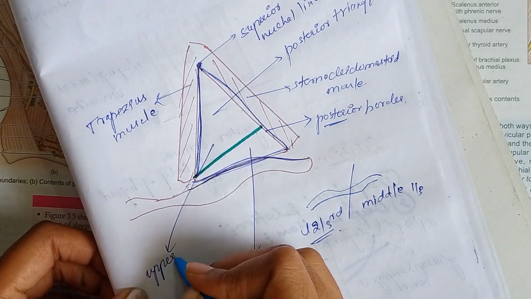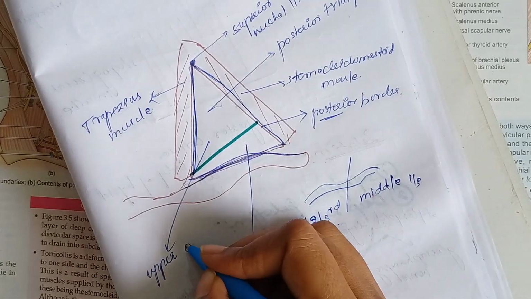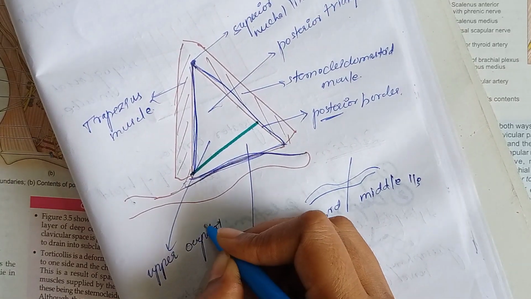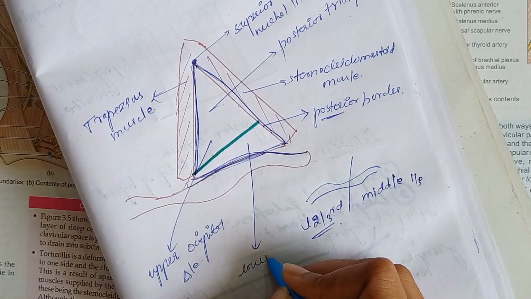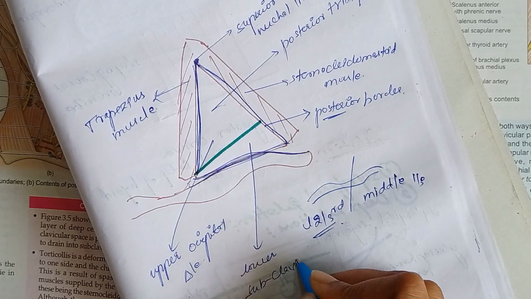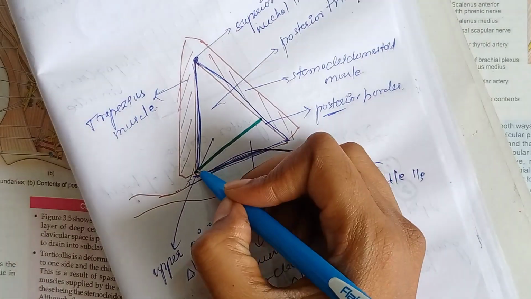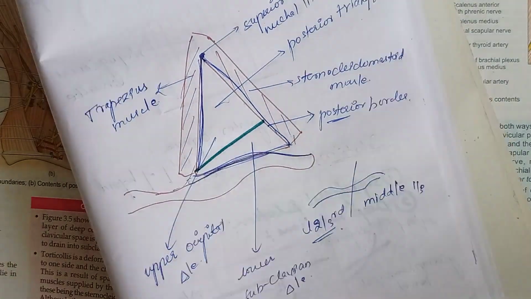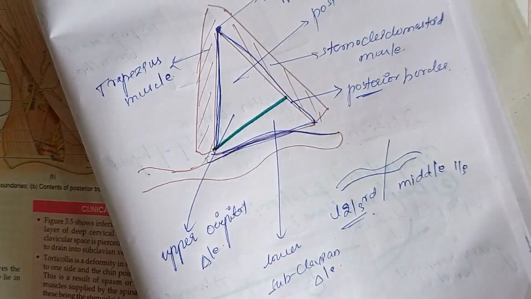The upper is the occipital triangle and the lower is the subclavian triangle. These two triangles are divided by the inferior belly of the omohyoid muscle. So the inferior belly divides the triangle into two parts.